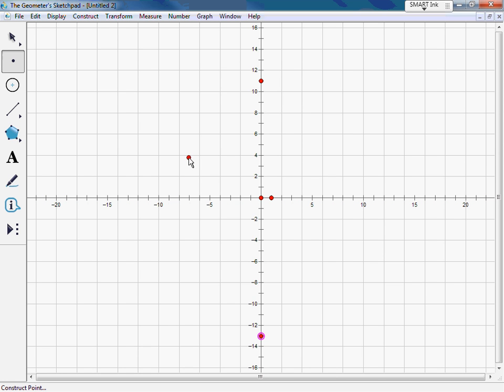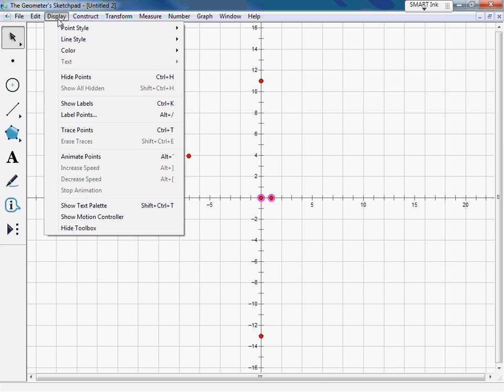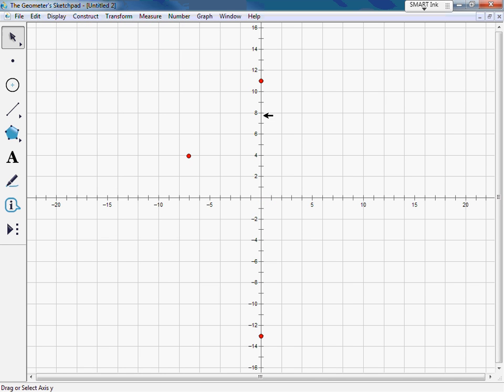Thank you. Okay, so we have these points, right? I'm going to hide this one because it doesn't count. I'm going to hide both of these because we don't need 0. Display, hide points. Okay, so here is 0, 11. Here's 0, negative 13. And here is negative 7, 4.